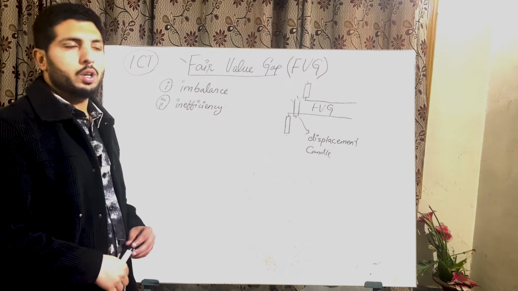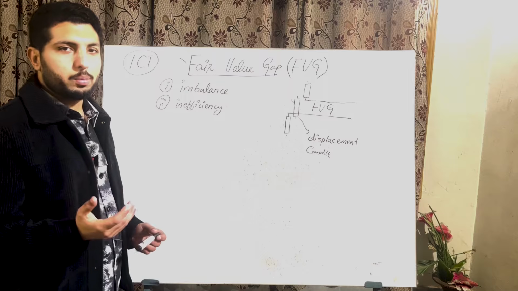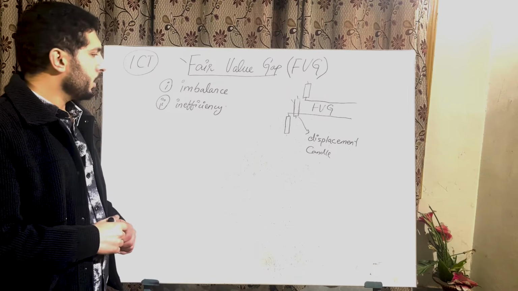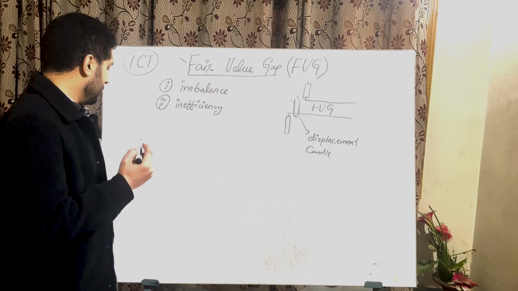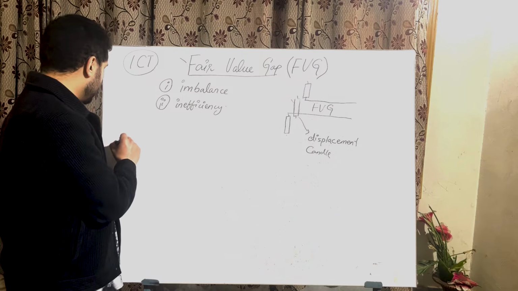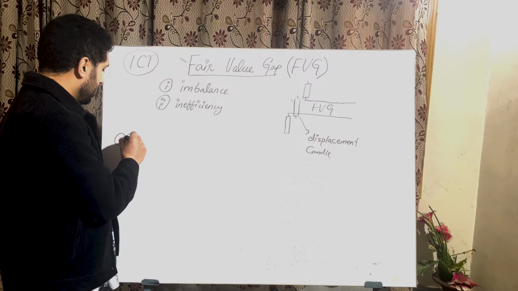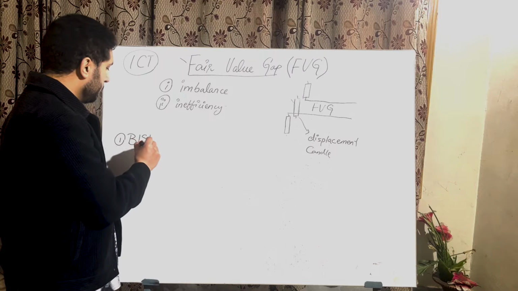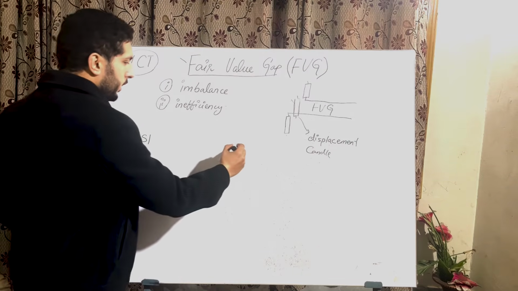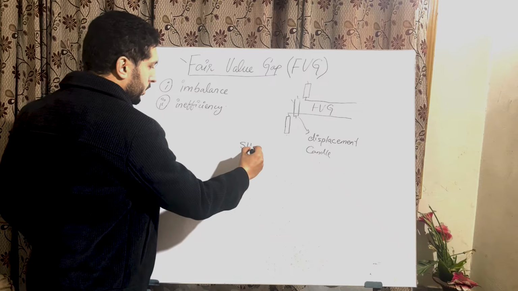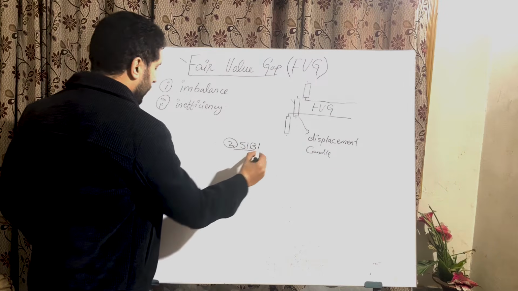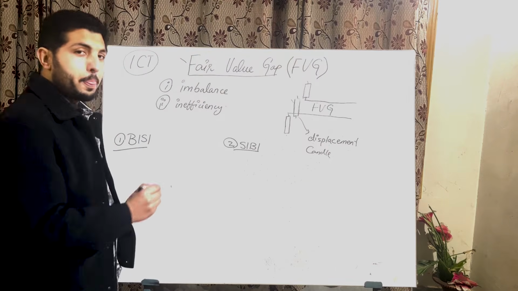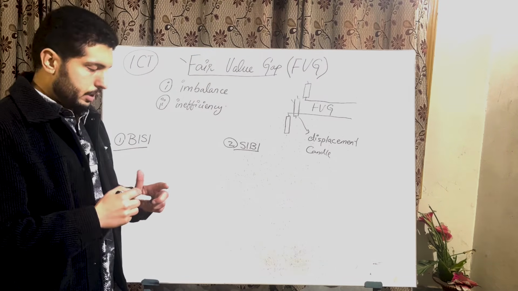I will also show you how the fair value gap is formed on the sell side. So we have two types of fair value gaps. One is called BISI, the second one is called SIBI.